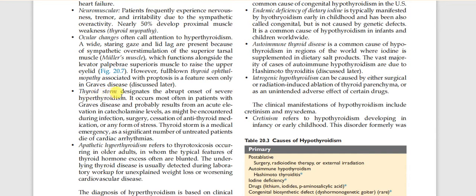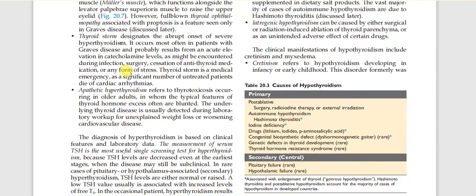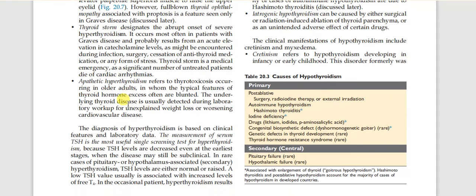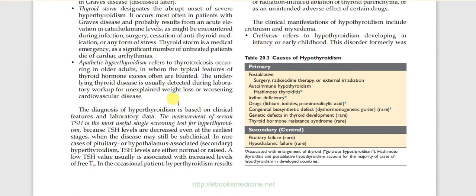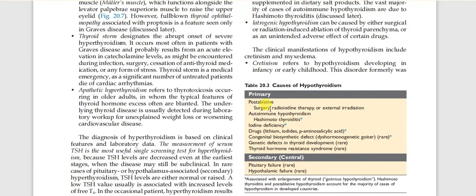So it might be the cause of death. It's a medical emergency. A significant number of untreated patients die of cardiac arrhythmias, as I said before. Then apathetic hyperthyroidism refers to thyrotoxicosis occurring in older adults, in whom the typical features of thyroid hormone excess often are blunted. We don't understand the cause of it, but it is one of the syndromes.